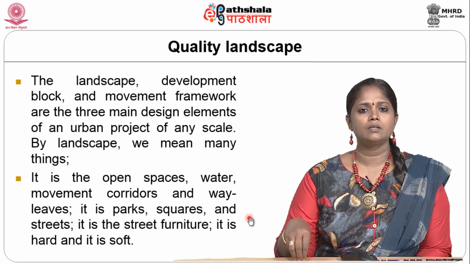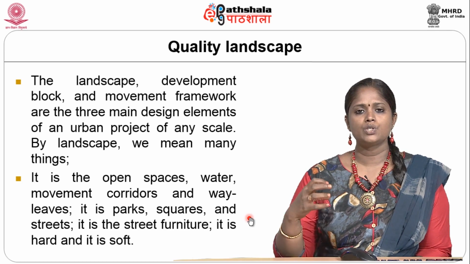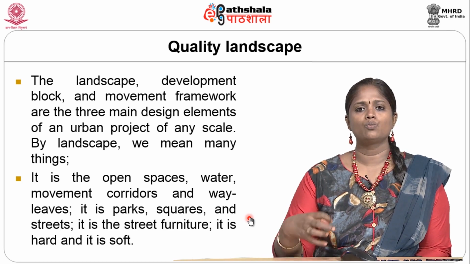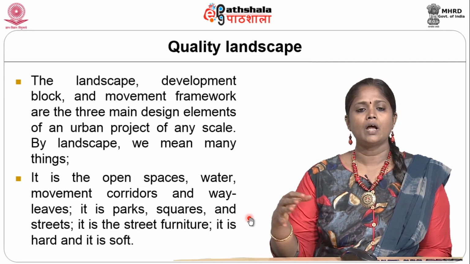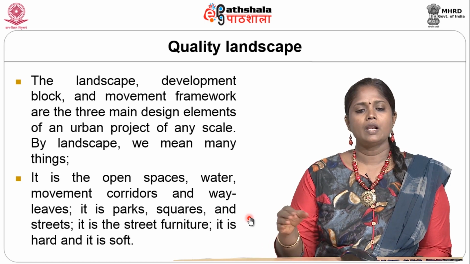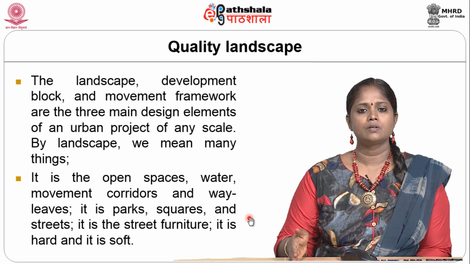These are the main design elements for any urban project. In the landscape, how do we achieve this quality? It is only by creating the open spaces, water and its movement corridors, that is the green corridors and way leaves. We can have parks, squares and streets and the street furniture, and this landscape can be hard and soft.